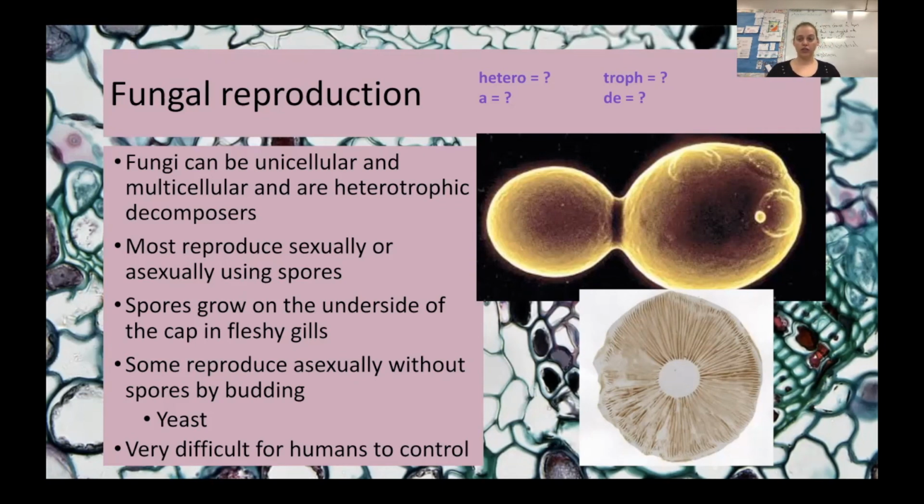This fungus, when it's ready to reproduce sexually, will produce eggs and sperm that will come together and give you a brief little zygote that will grow into a mushroom. That mushroom will go through meiosis and develop the spores, which can then be dropped somewhere and hopefully grow somewhere favorable. Fungi are very, very difficult for humans to control. They're one of the hardest pathogens for us to deal with.